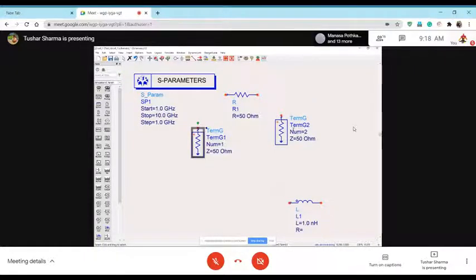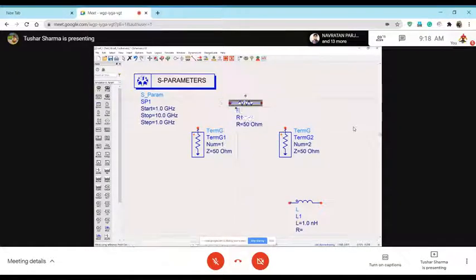So you see here I have port 1 and port 2, and I'm connecting a resistor in between these ports. Now what this S parameter simulator will do is excite this port, try to send a wave through the resistor, and see if the impedances are matched, there will be no reflection.